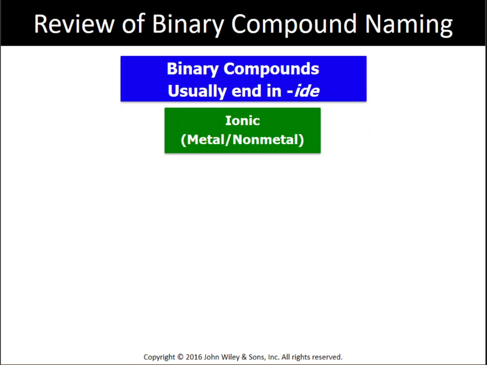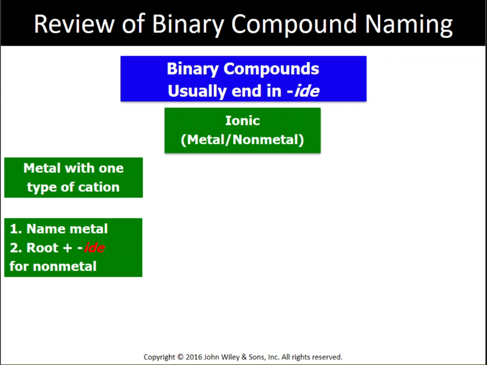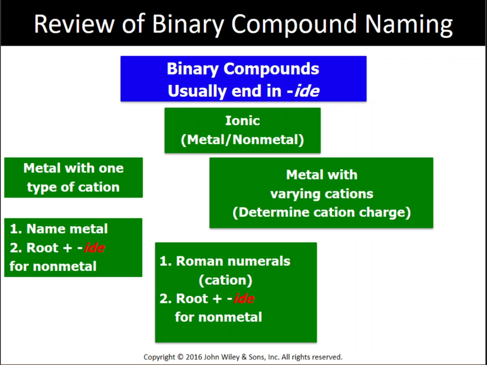Two things could happen. If your metal is a main group metal, you just use the name of the metal plus the anion's name, which ends with IDE. And if your metal is a transition metal, which has a variable charge, you've got to mention the charge of the transition metal with Roman numerals in parentheses first, and then that's followed by the name of the anion, which ends with IDE.